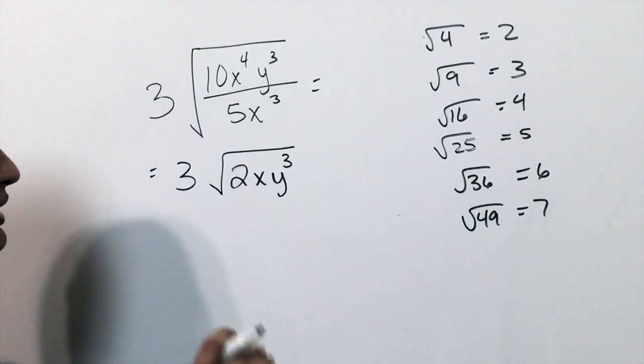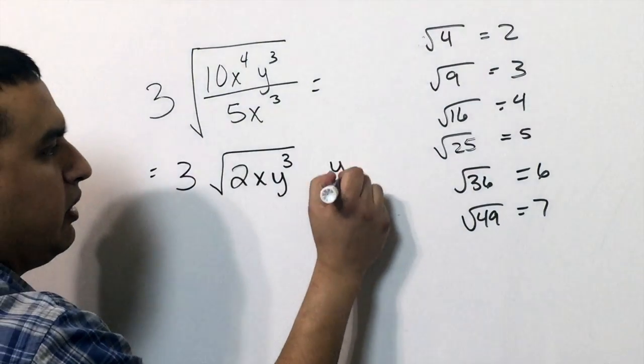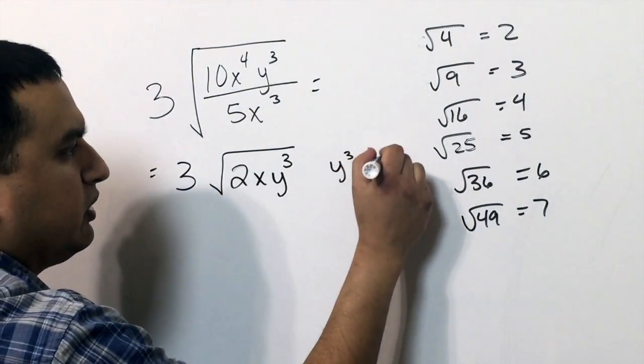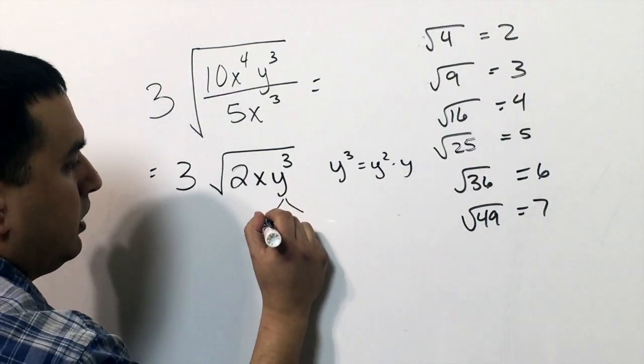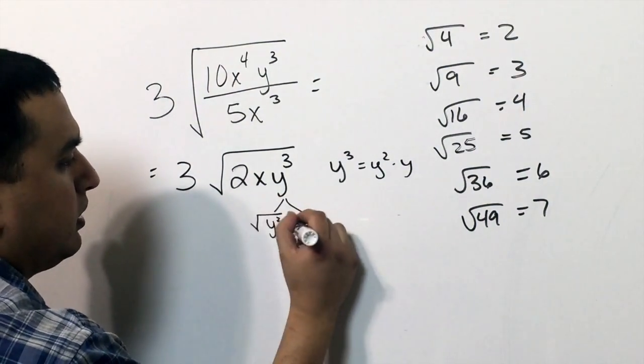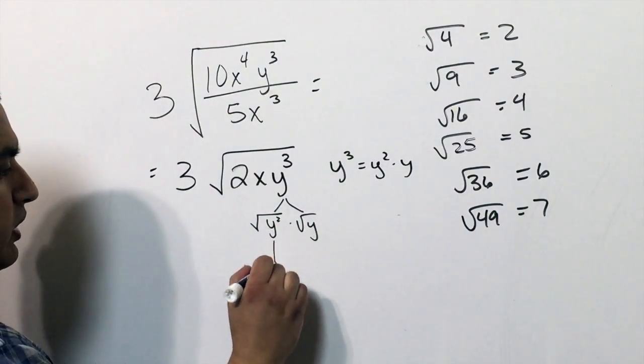The only thing that I can simplify, I can't do anything with the 2, I can't do anything with the x. The y to the third power, we can break that down into, remember, y squared times y. And so if I factor this, the square root of y squared times the square root of y, this part is just going to be y, so that comes out.